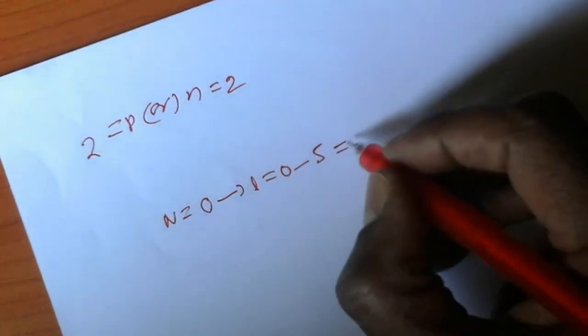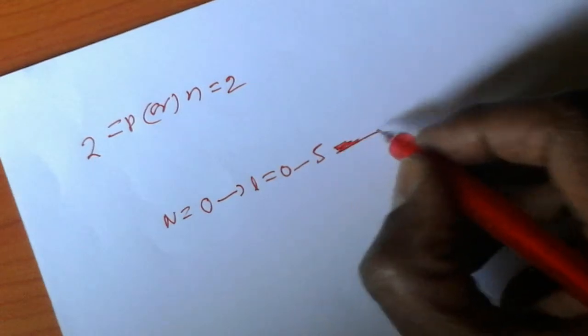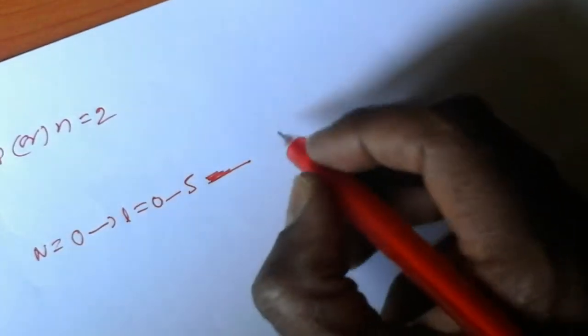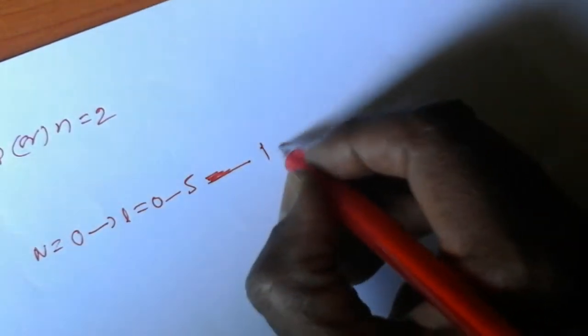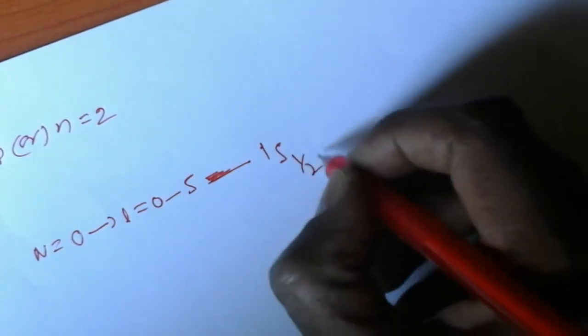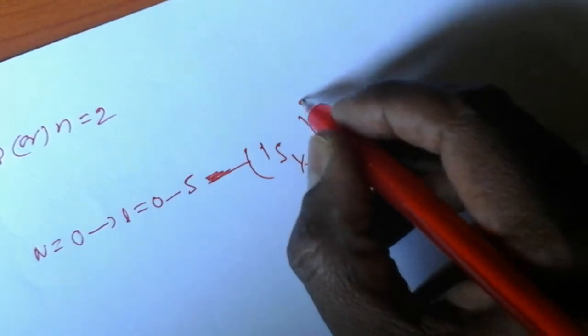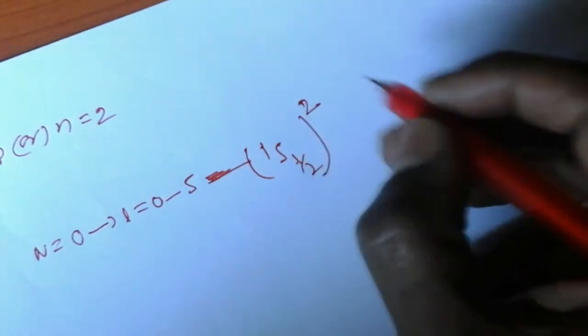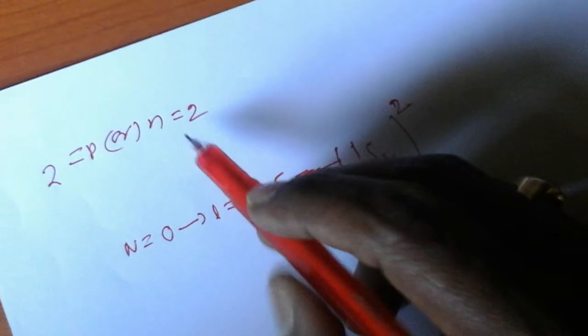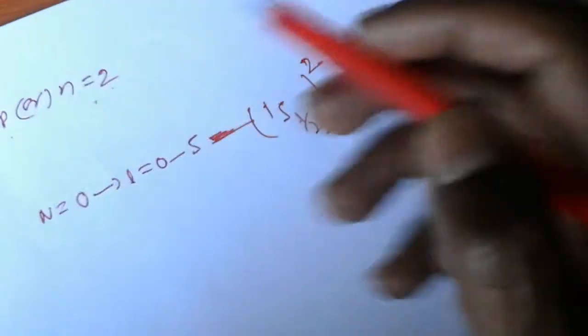An s orbital can only be one division, 1s to the power of 2. So here 1 is there, that's why we are getting 2. So these two nucleons, 2 protons or 2 neutrons, will be arranged in this 1s to the power of 2.